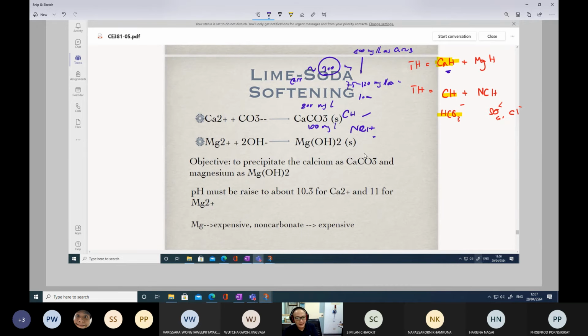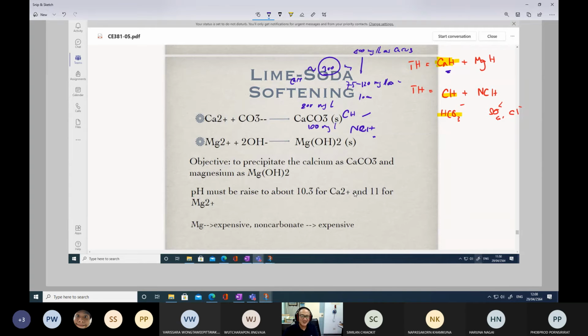We don't have to completely remove it. It's not necessary. So if we have to remove some of the hardness, we will select the calcium carbonate hardness as our first priority to take out from the water.